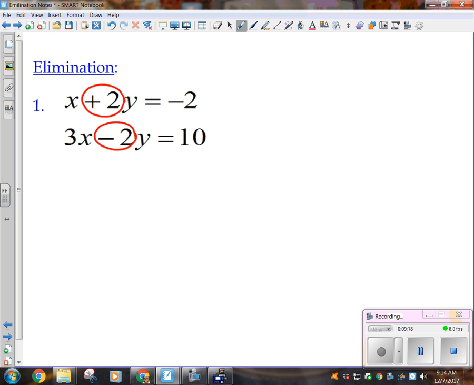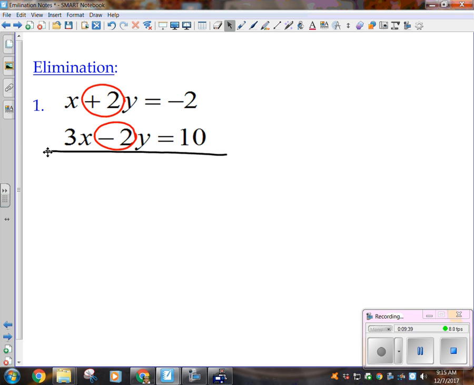Negative 2. I have a positive 2 with Y and a negative 2 with Y. So if I add them, what's going to happen? They're going to be 0 Y. So we're ready to go. We're already set up. It's a perfect setup for elimination.